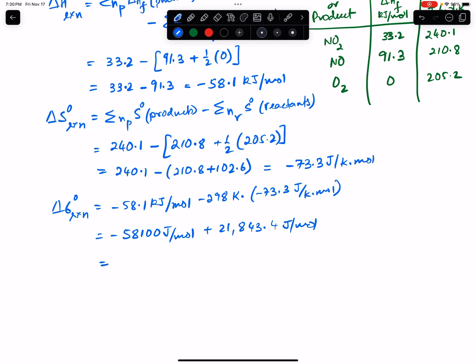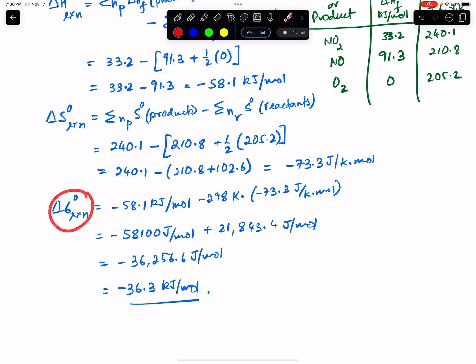And now we can simplify that to minus 36,256.6 joules per mole, which simplifies to minus 36.3 kilojoules per mole. And there you have it. That is the delta G naught of the reaction.